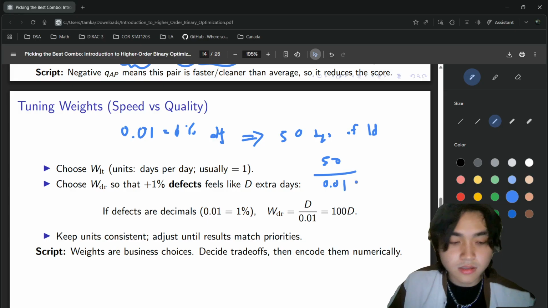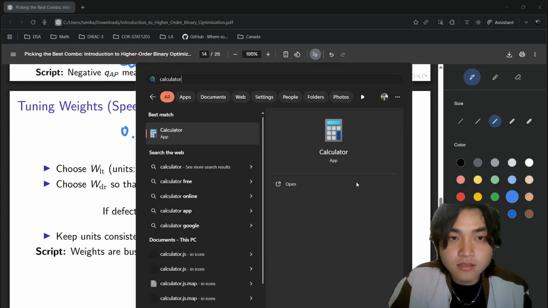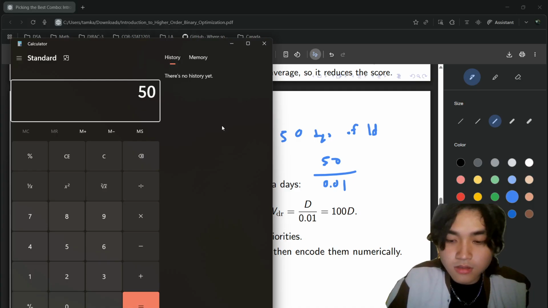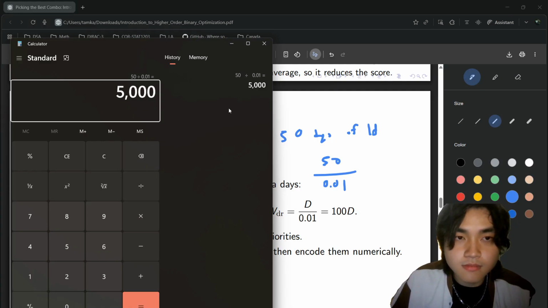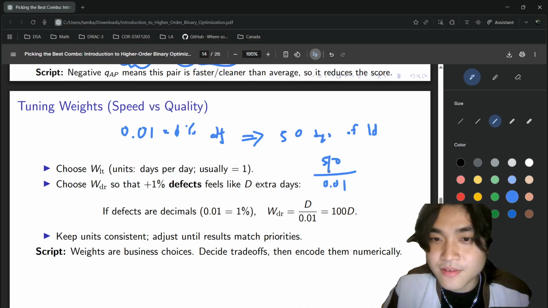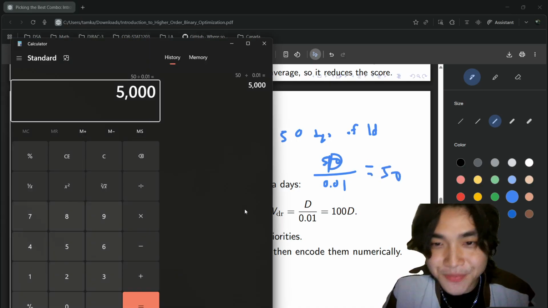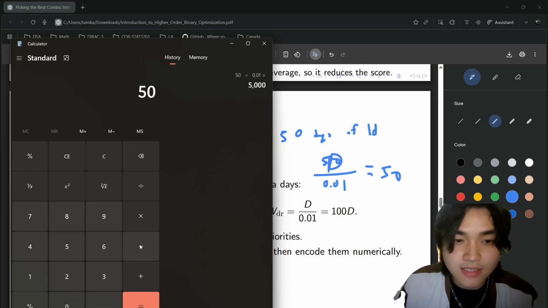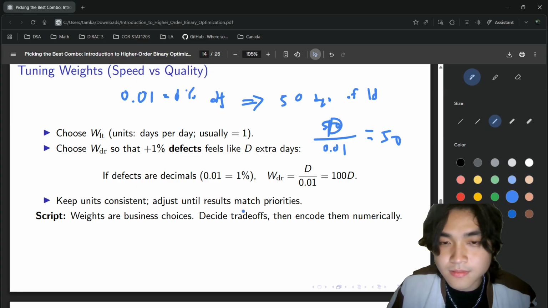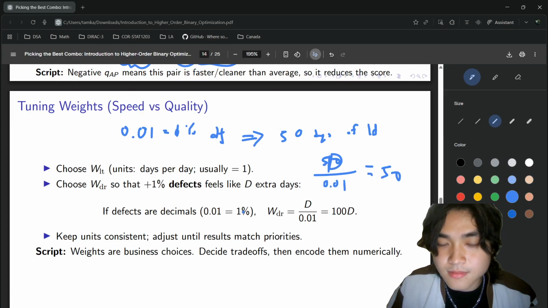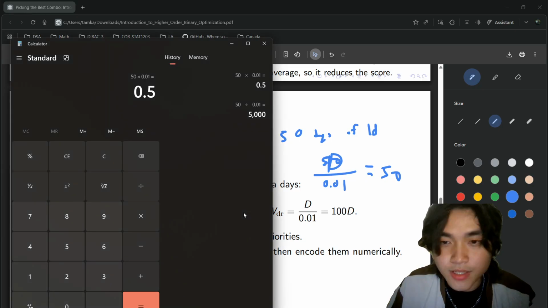divided by, let me get my calculator. 50 divided by, yeah, my math has issues. It's actually this one. So over here, 50 times 0.01. Okay.